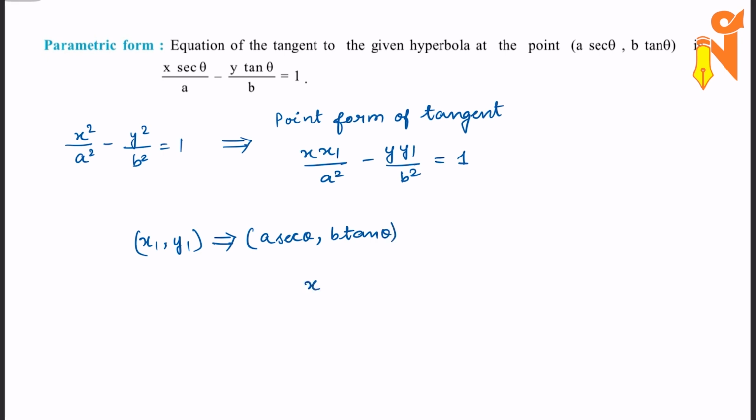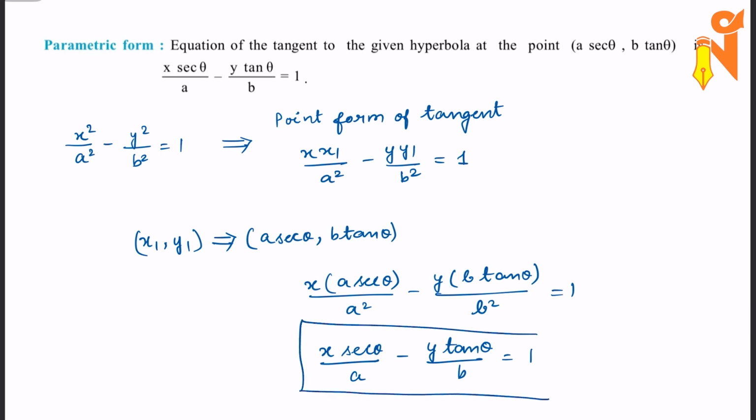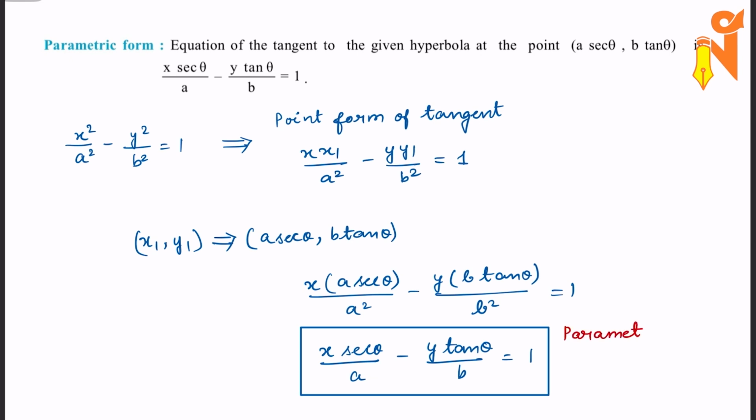Just substitute this value, you will get x·a secant theta/a² − y·b tan theta/b² = 1, which upon simplifying gives x secant theta/a − y tan theta/b = 1. This is the equation of tangent in the parametric form for the hyperbola.